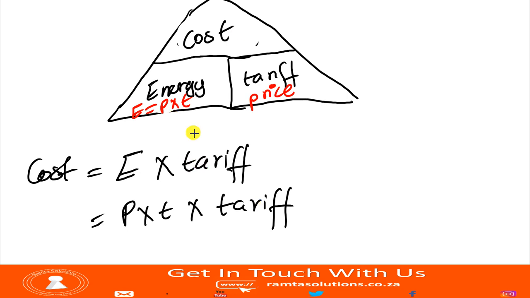I hope you understand this. From this triangle, if they ask you the price of electricity, it is the cost that the usage costs and the energy that the usage uses, and that'll be your tariff.